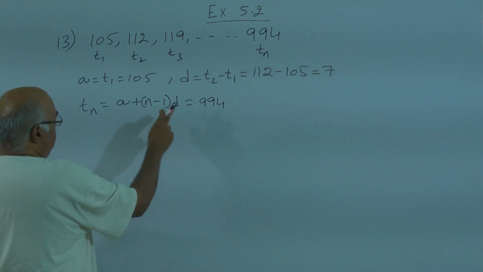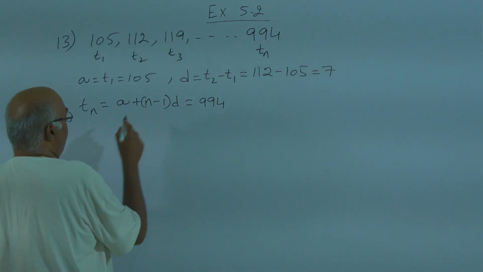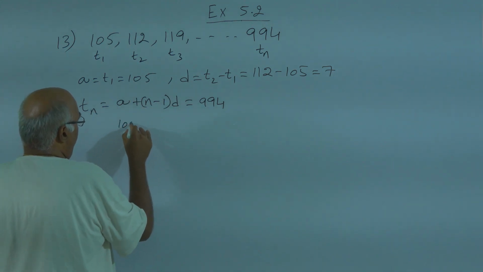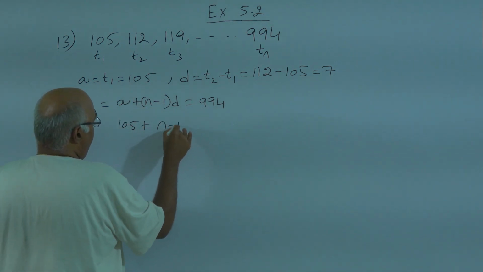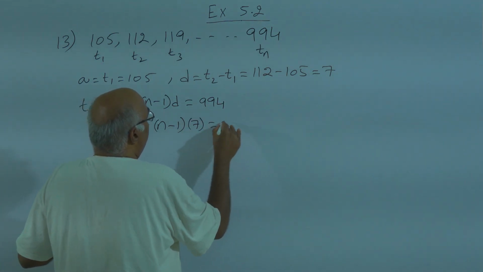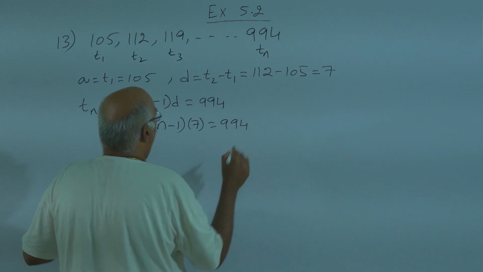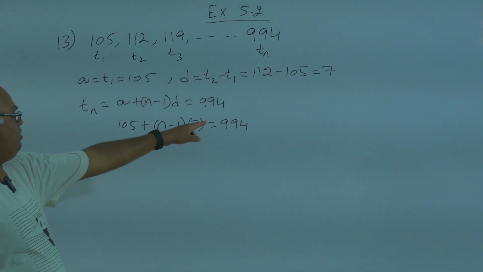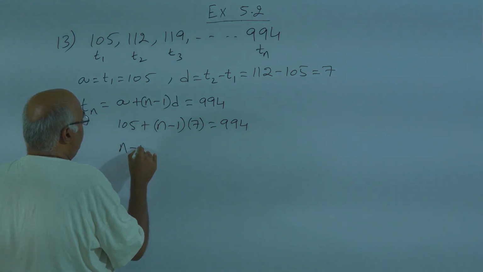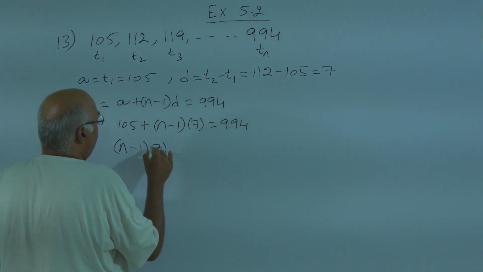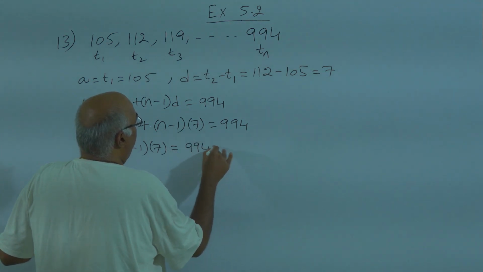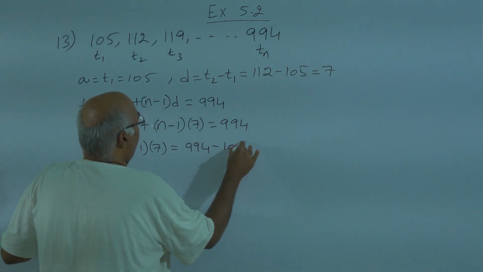So let us substitute the values of a and d in this equation. 105 plus n minus 1 into 7 is equal to 994. If you take this 105 to the other side, it will become minus 105. So n minus 1 into 7 is equal to 994 minus 105.